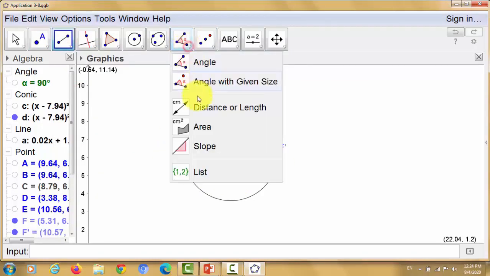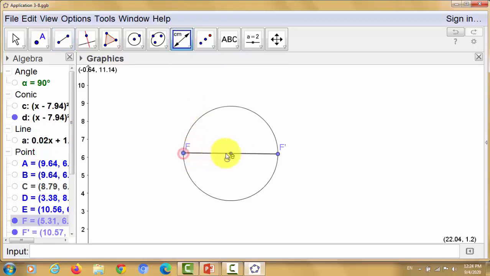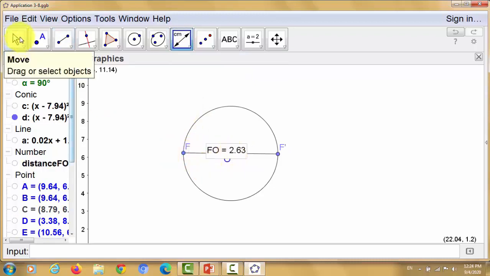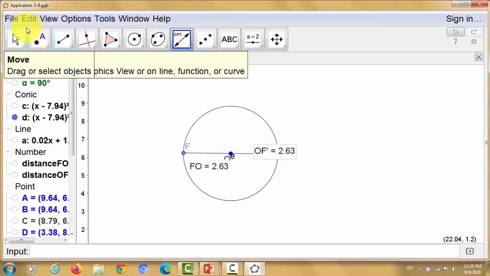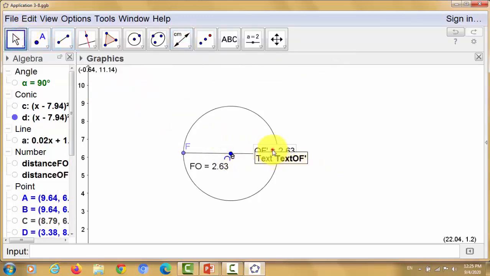I will measure FO and OF'. You will see that the 2 segments have the same measure. Why? Since the radius in the circle is the same all around the circle. So O is the center of symmetry of the circle.